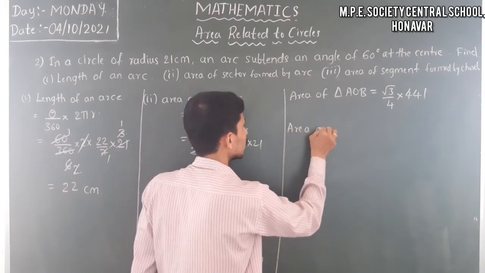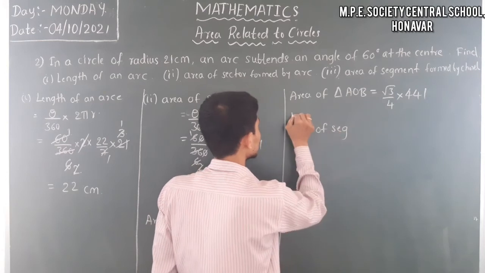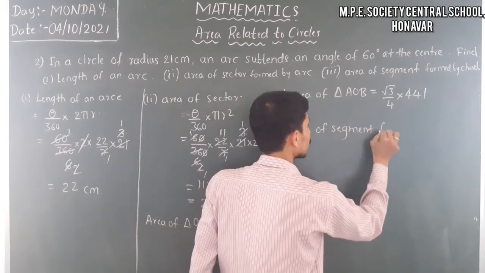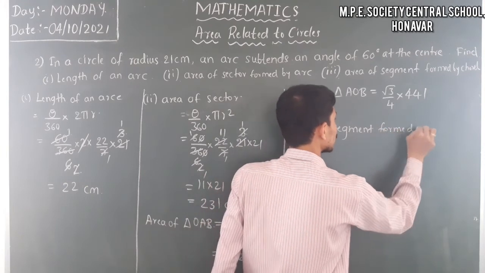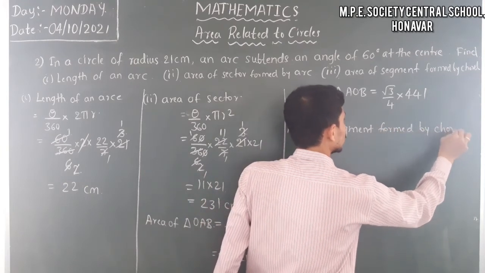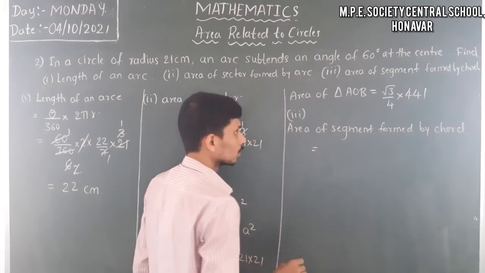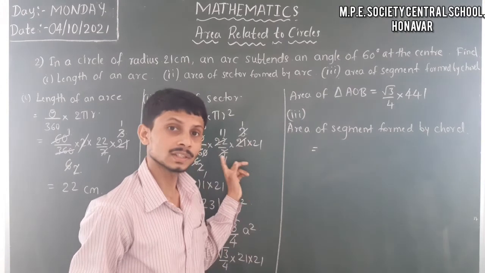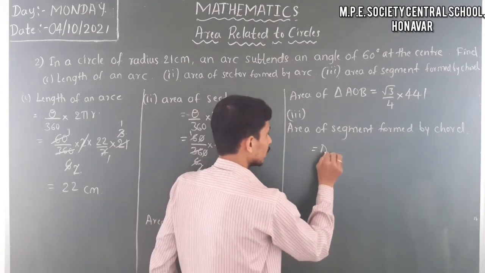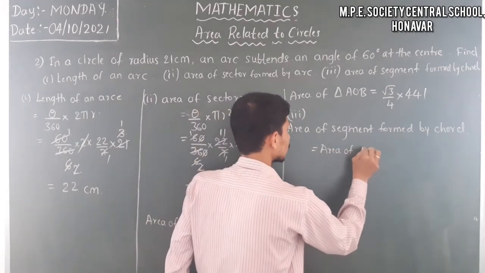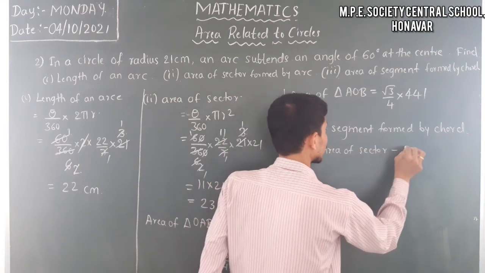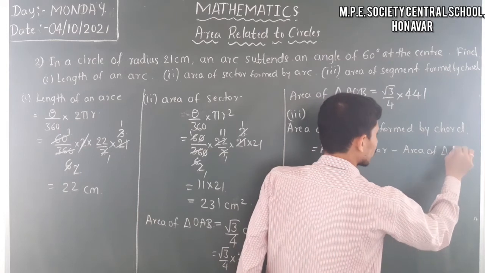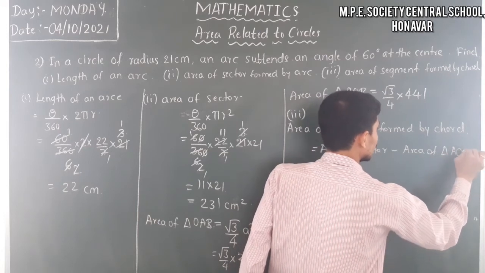The area of the segment formed by the chord is equal to the area of the sector minus the area of triangle AOB.